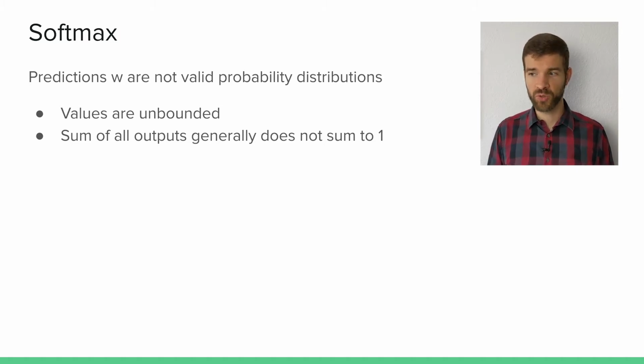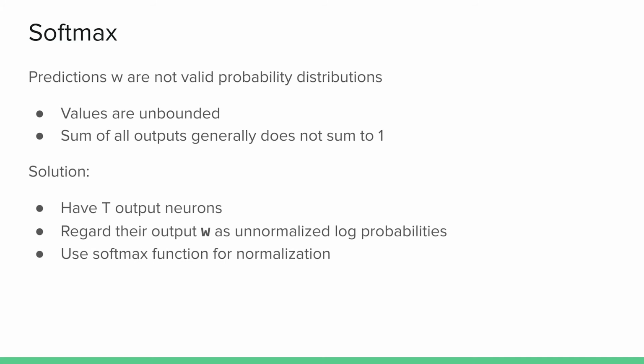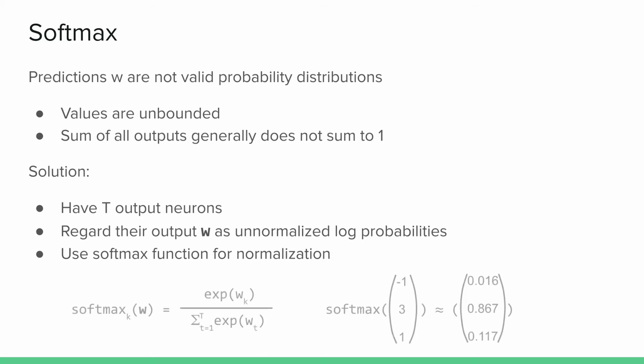So what can we do? We can map the outputs of our last layer, of our output layer, to a probability distribution. And this is what the Softmax does. We have T output neurons, and we regard their outputs as unnormalized log probabilities. We just say, I think these are unnormalized log probabilities, and then the Softmax function will do the following.